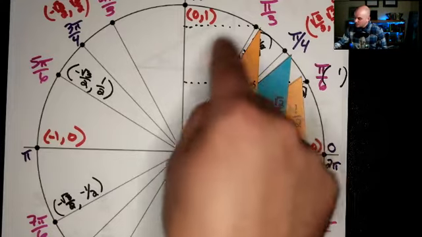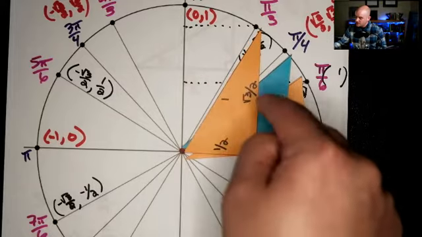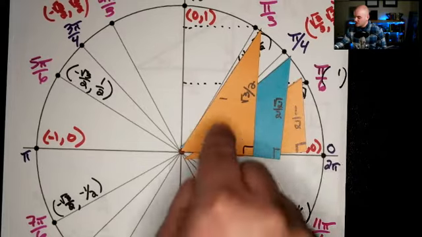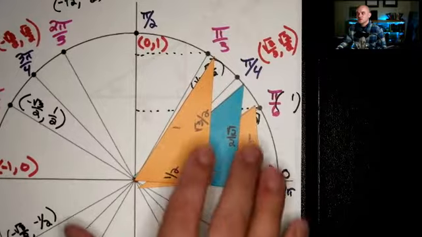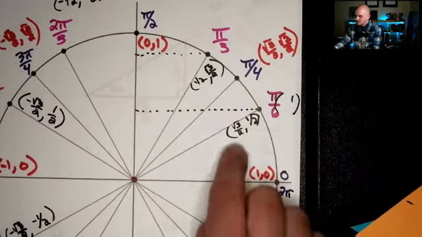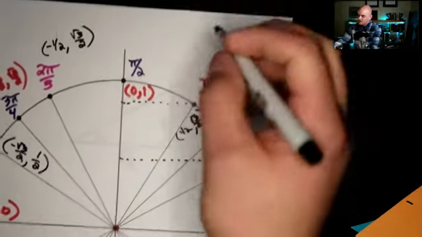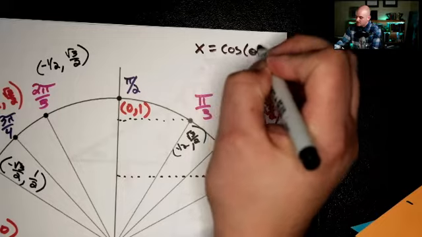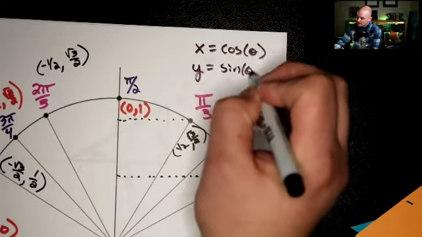All the way around the circle, the opposite side over the hypotenuse just equals the opposite side, and the adjacent side over the hypotenuse just equals the adjacent side. So when I look at the ordered pairs from the last video, we can say that the x-coordinate is equal to the cosine of theta, and the y-coordinate equals the sine of theta.